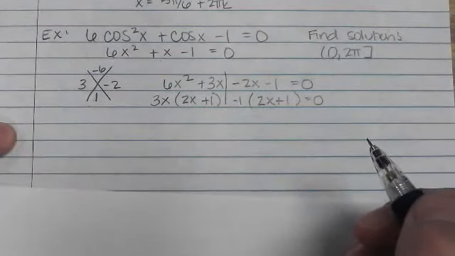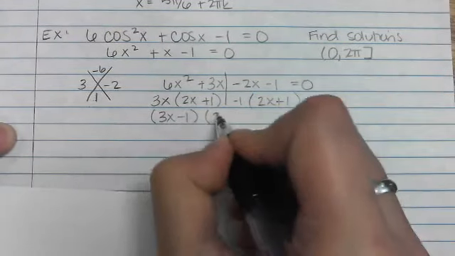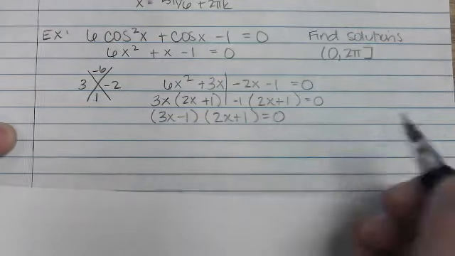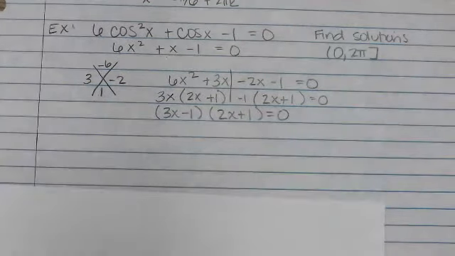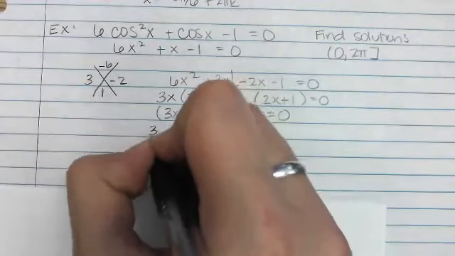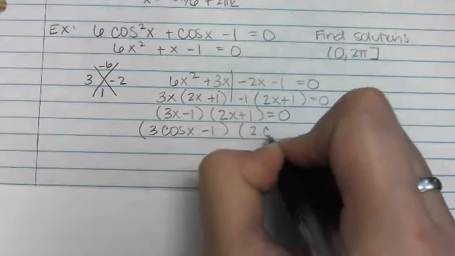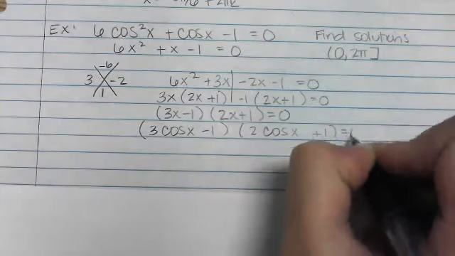So, what are the two sets of parentheses that we have? And 2x plus 1. And then, not sine, but, so, let's go ahead and put cos in there. So we're going to have 3 cos x minus 1 and 2 cos x plus 1.